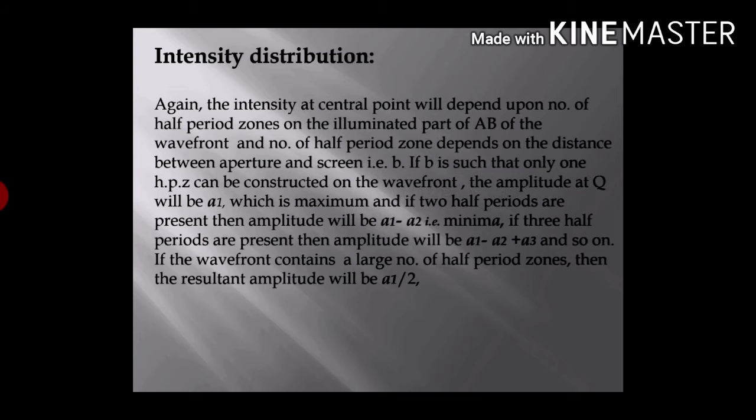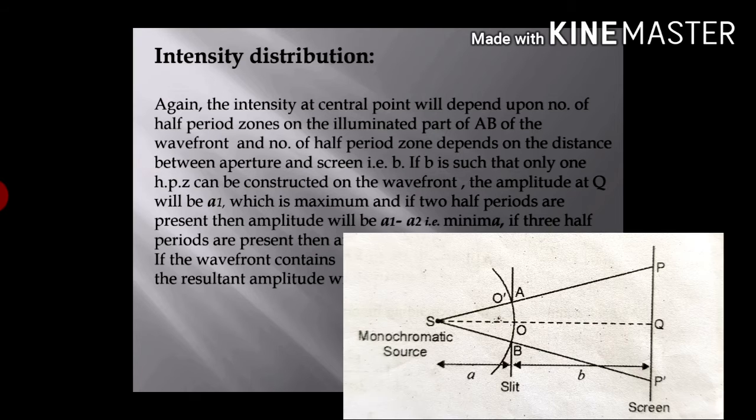Intensity distribution: again, the intensity at the central point will depend upon the number of half period zones on the illuminated part AB of the wavefront. In this case, the number of half period zones generally depends on the distance between aperture and screen.